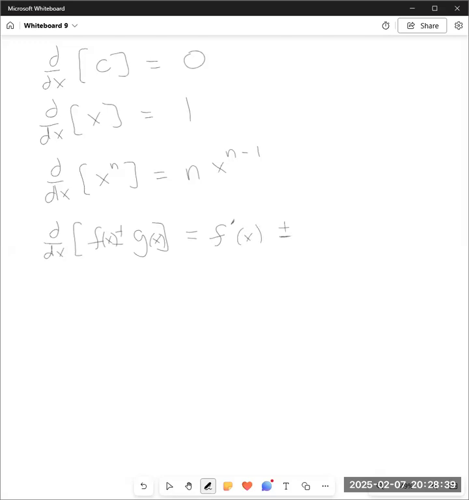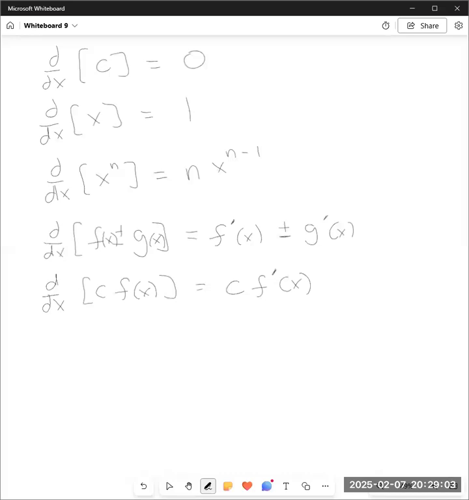Keep the sign plus or minus, whatever it was in the problem, g prime. Just differentiate each piece. I also have a constant multiple rule that says that if I have a constant multiple times a function here, this is c times f prime of x.